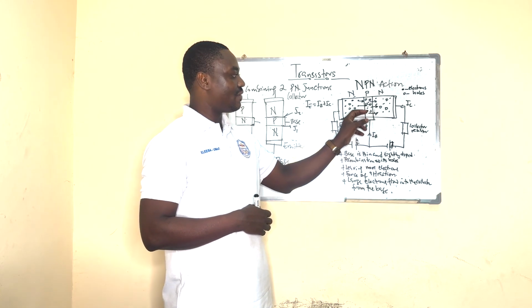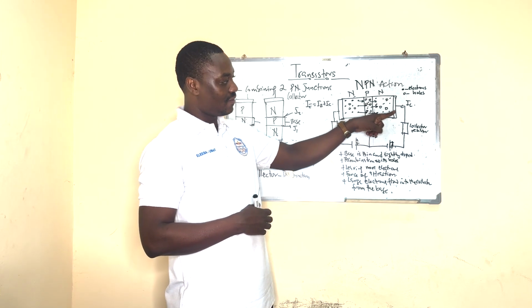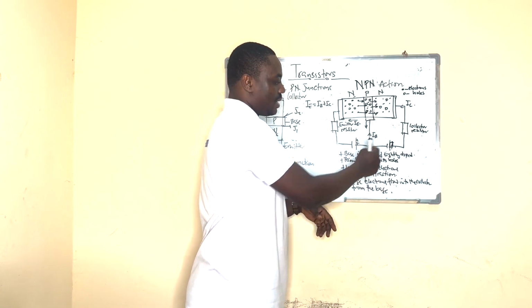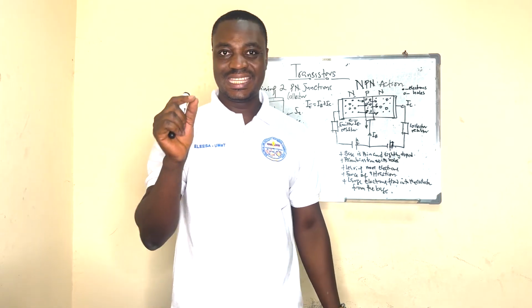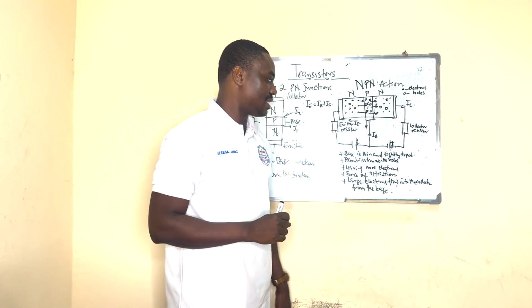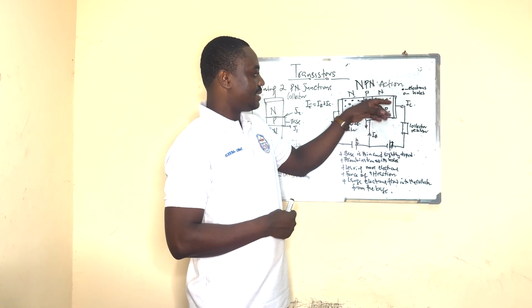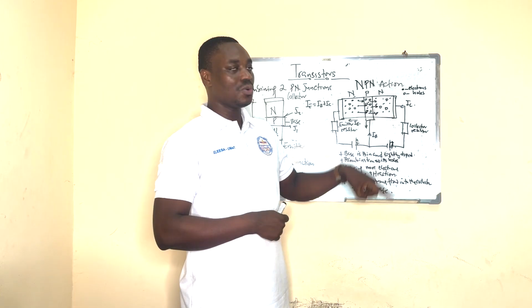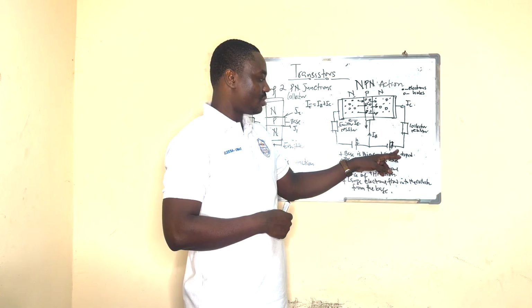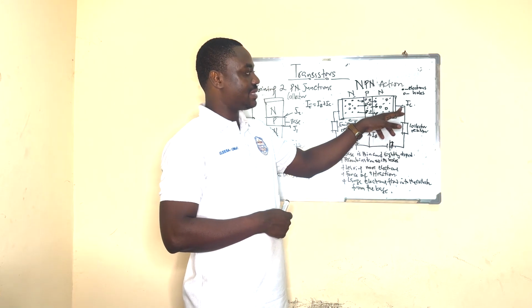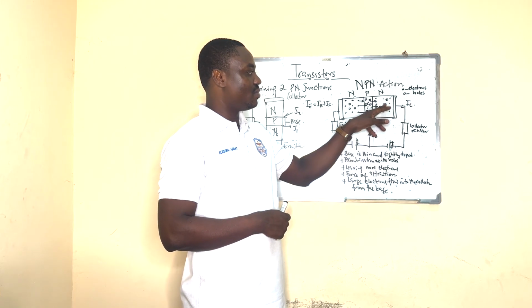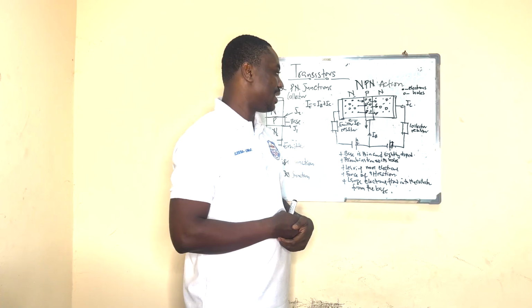Now you also have electrons moving into the collector region. From there, they force their way to the positive terminal connected to the collector terminal, and that current is also going to be opposite to the flow of electrons. We refer to it as the collector current, moving in the opposite direction.